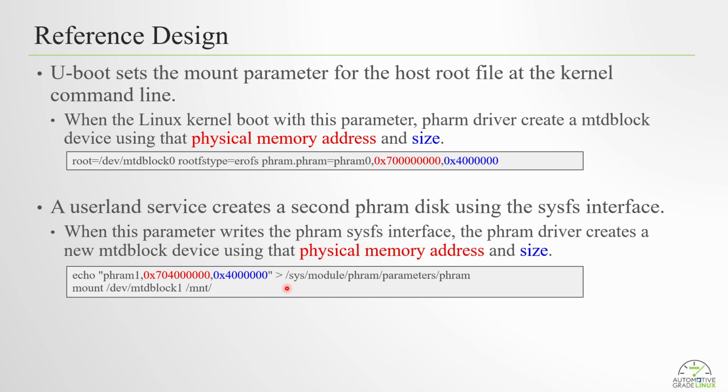A user or service creates a second PHRAM disk using the sysfs interface. When this parameter is written to the PHRAM sysfs interface, the PHRAM driver creates a new MTD block device using the physical memory address and the size. After that, we can mount a block device as a root file system.